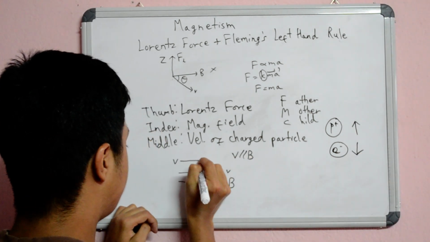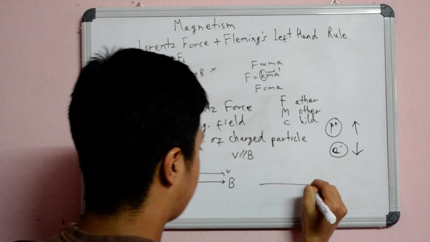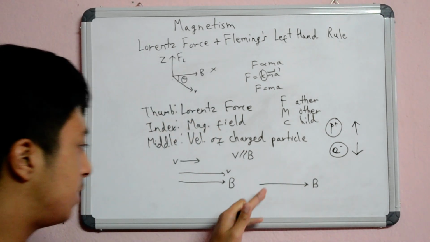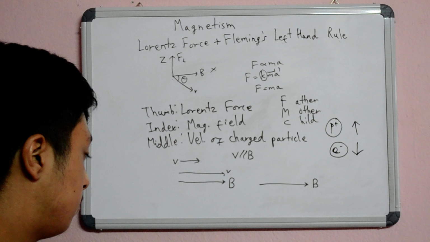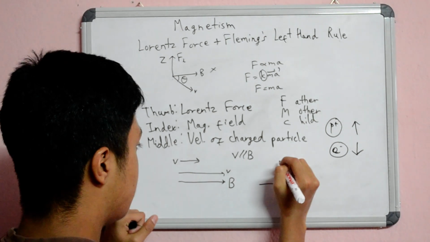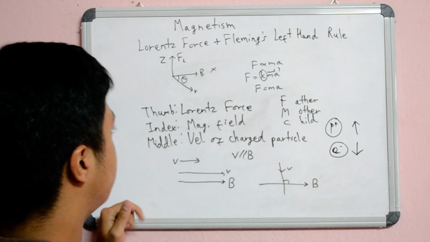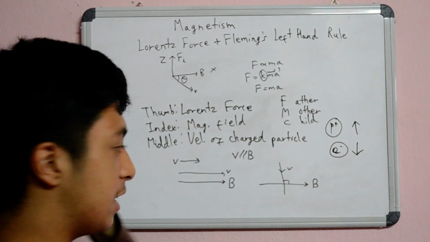So V will be a straight line going like this. Now let's say again the magnetic field is like this, but here the velocity is perpendicular to the magnetic field. That means the angle is 90 degrees.